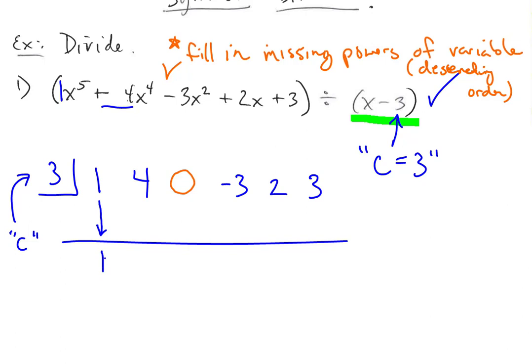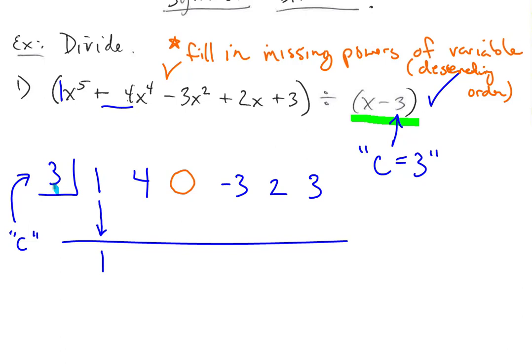Then the process of synthetic division is a pattern where we take this C value that we have written out in its own lonely box.